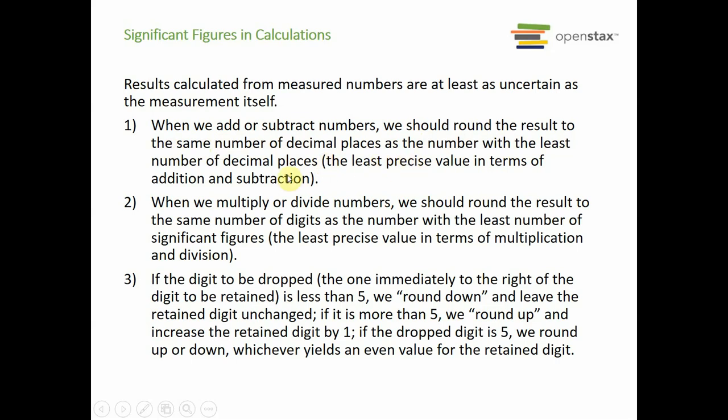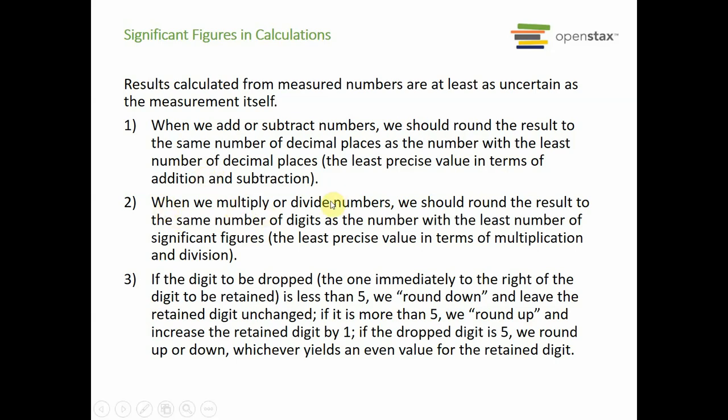So we've got lined up 1.001 and 1.1, and we add those together, and we're going to get 2.1. The 001 is more precise, but it gets wiped out by the one that is less precise.